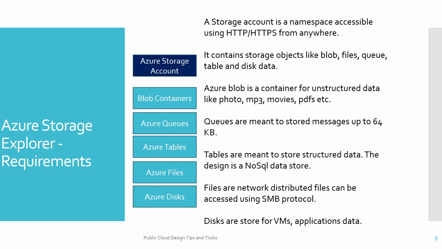And the last one is disk for VMs and application data. So these are the different storage capabilities within your storage account, and these are the things you can interact with using Azure Storage Explorer, for the different storage flavors.